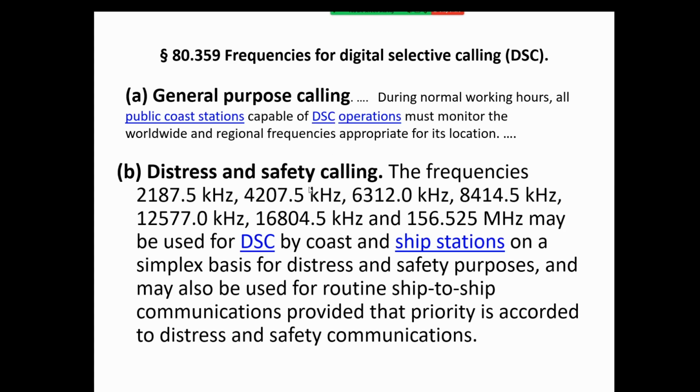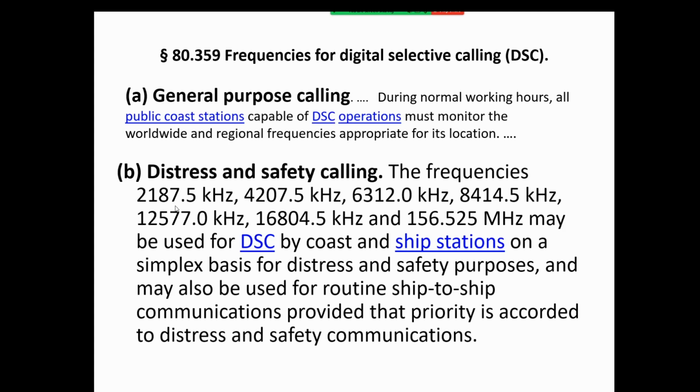B, distress and safety calling. So the frequencies are listed here. 2187.5. We did kind of look at that already. Kilohertz is 1,000, so we can see it's like 2,187 kilohertz.